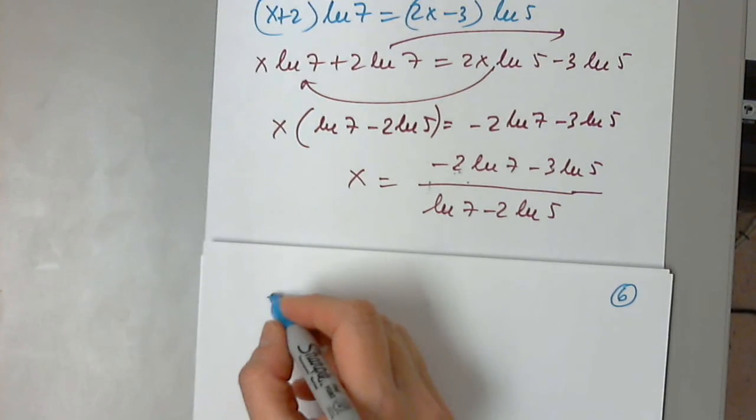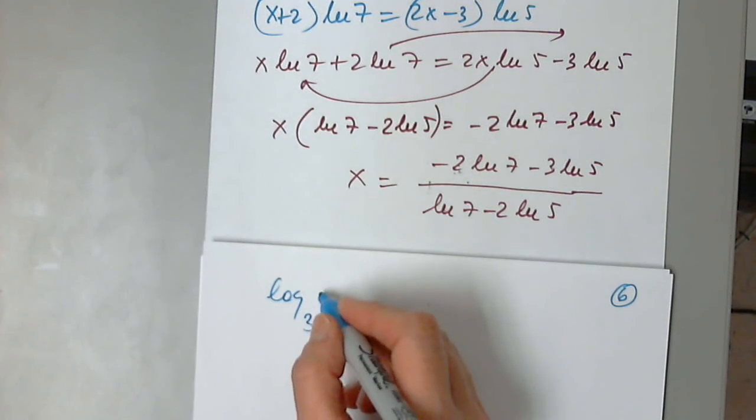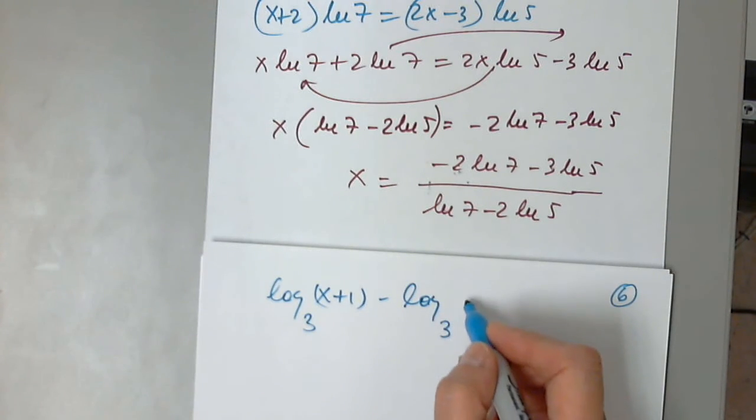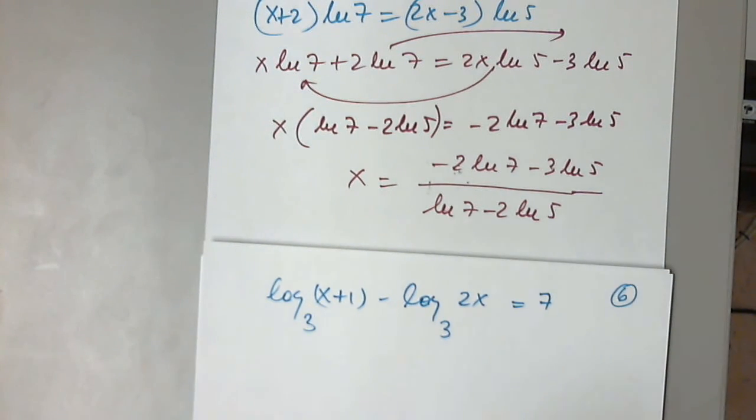So I'm going to just make one up: log base 3 of x plus 1 minus log base 3 of 2x equals 7. It's not mandatory for you to state the domain here, but I recommend it, because if you forget to go back and check, then you're not going to get full credit.